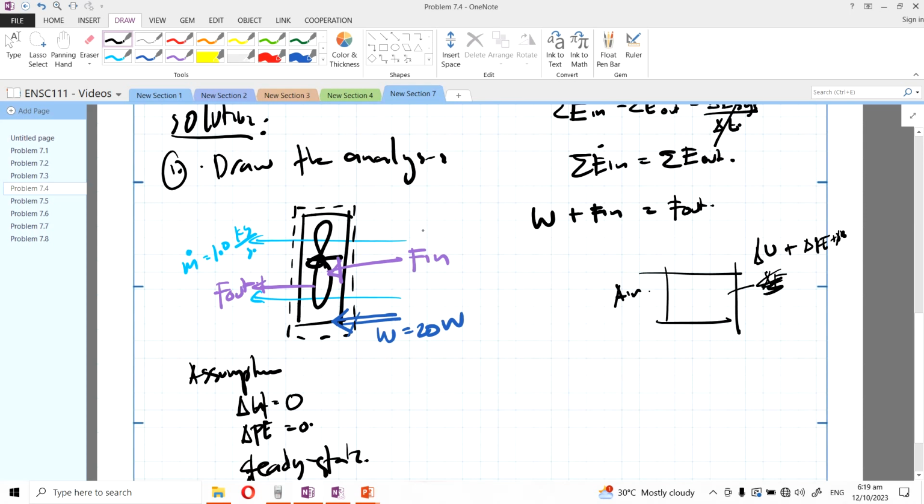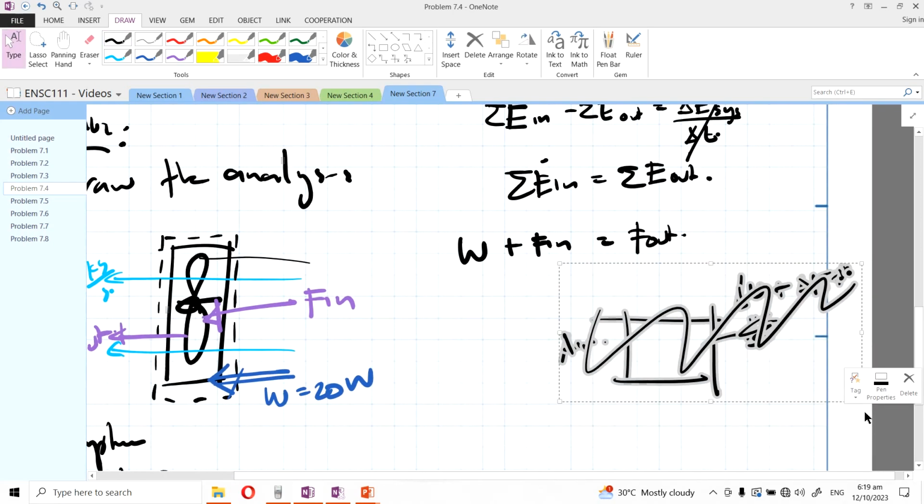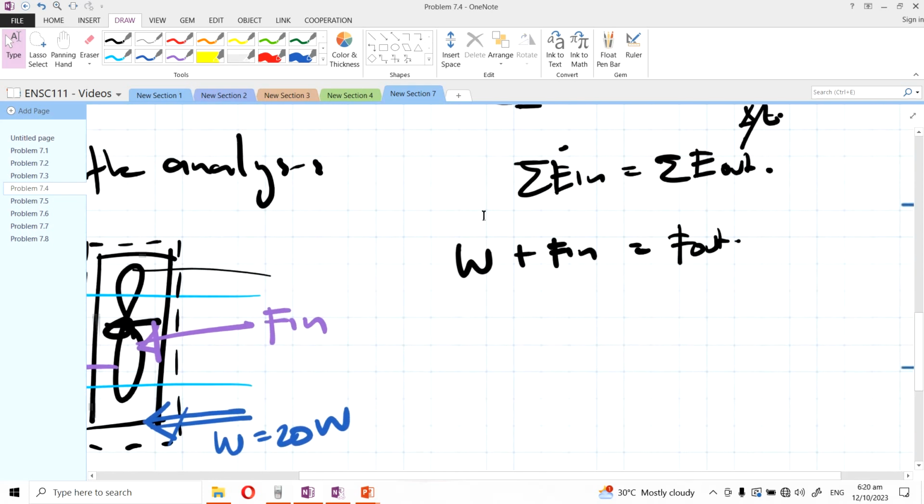But since there's a next batch of air crossing our boundaries, we still have this term, F in, F out. So it's the same thing. Let's delete that. So F in is equal to F out.